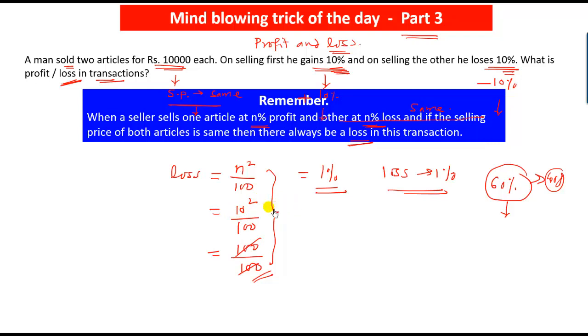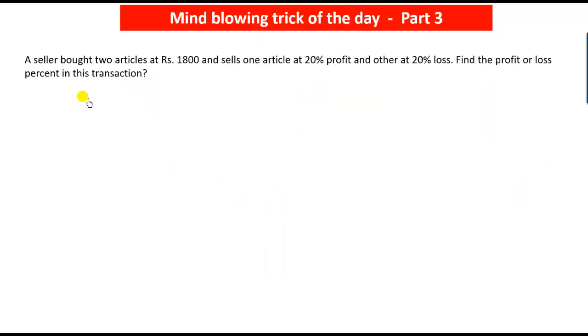So let us see one more question. Here it is on the screen. A seller sold 2 articles at rupees 1800 each, and sells one article at 20% profit and the other article at 20% loss, and we have to find the profit or loss percent in this transaction.